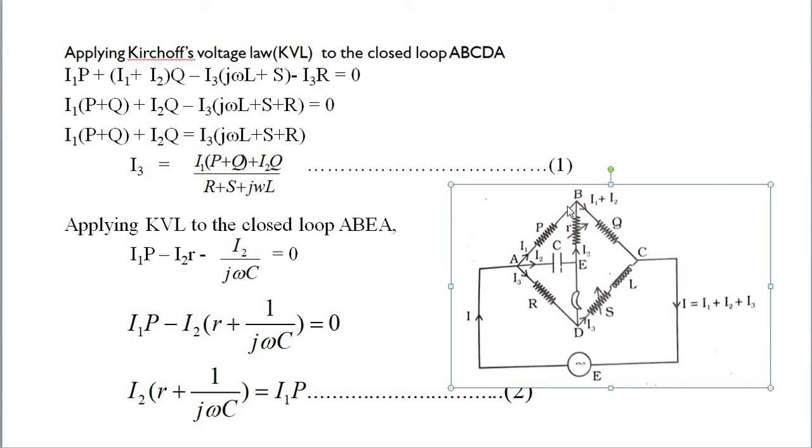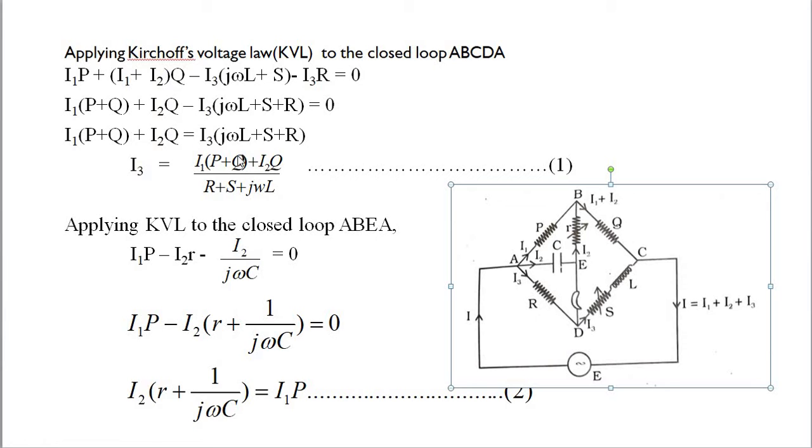This I1 reaches here and again splits up, and a small part of the current, that is I2, flows through this direction through the capacitor, and it combines with I1, and I1 plus I2 flows through this Q. When it reaches here, I1 plus I2 plus I3 are combined together, and you get the total current I.